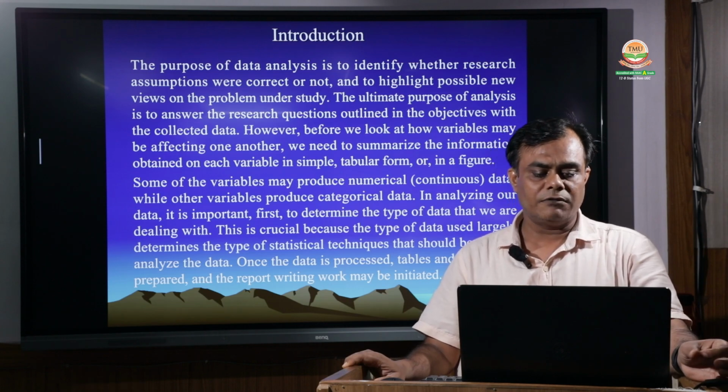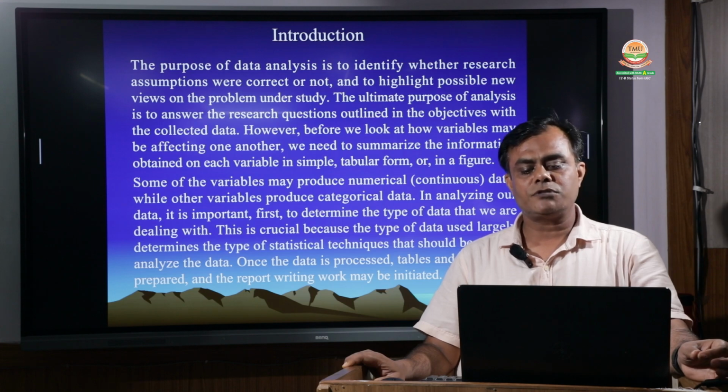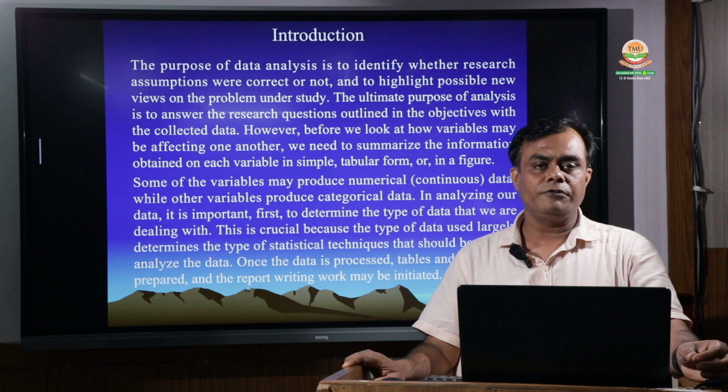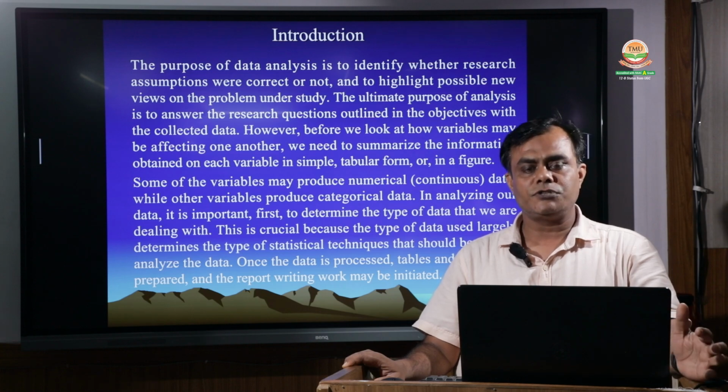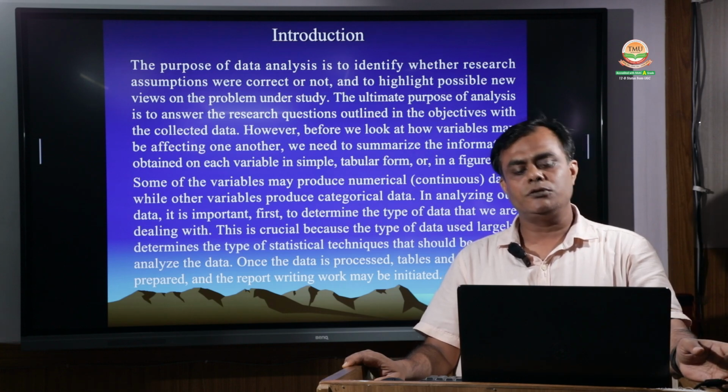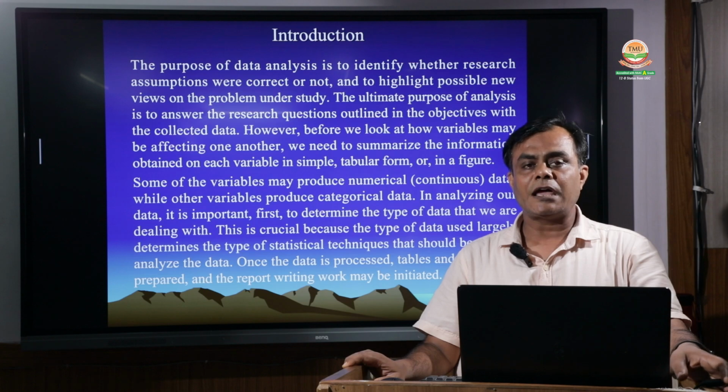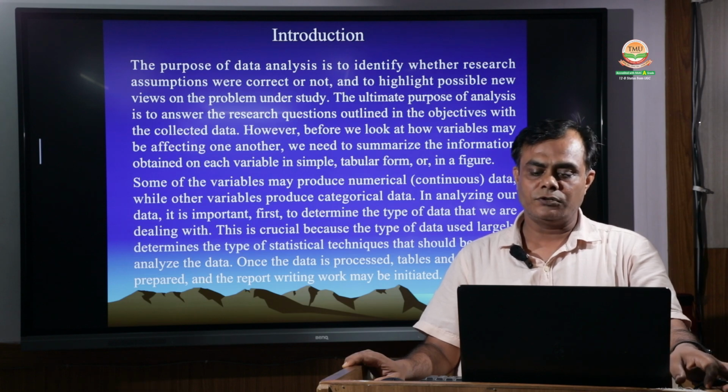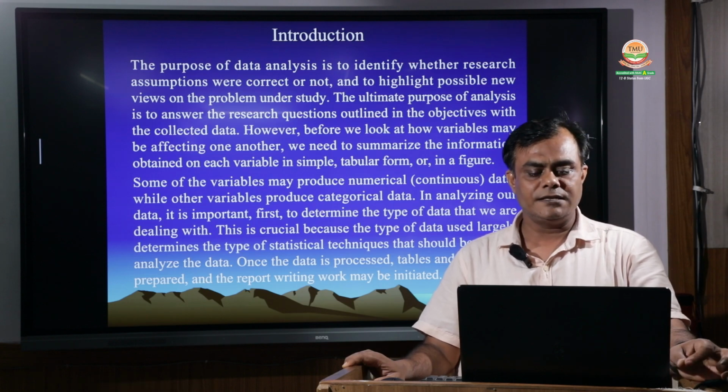In analyzing our data, it is important first to determine the type of data that we are dealing with, and this is crucial because the type of data largely determines the type of statistical technique that should be used to analyze the data.